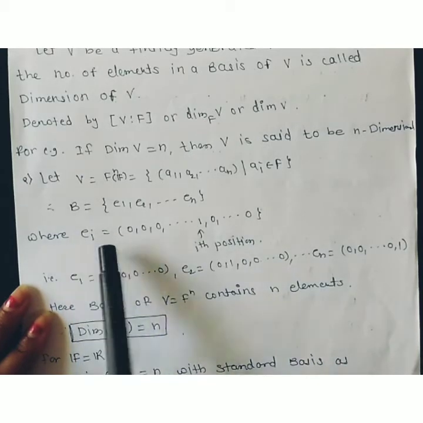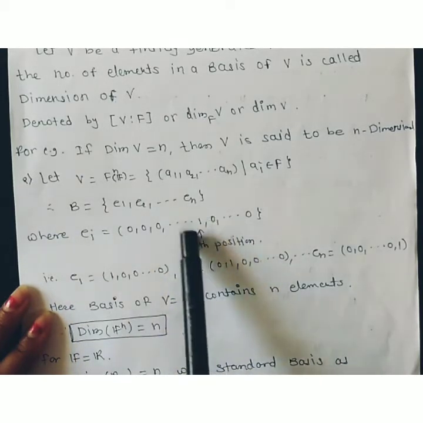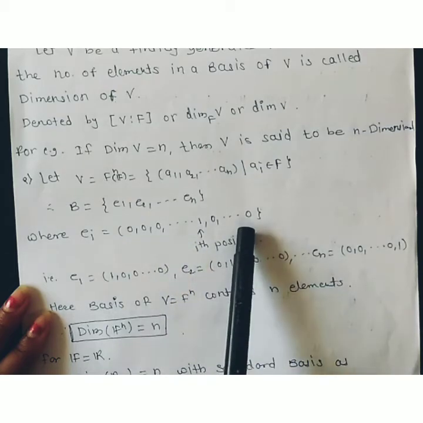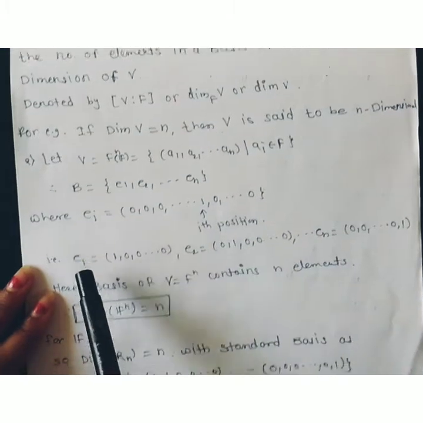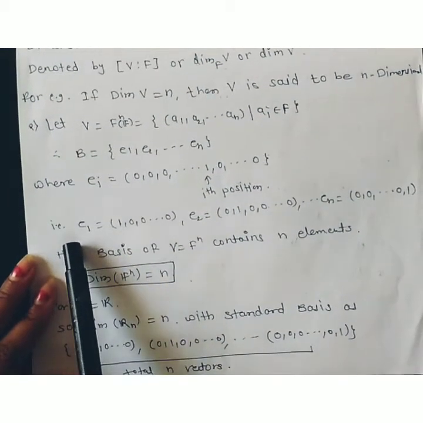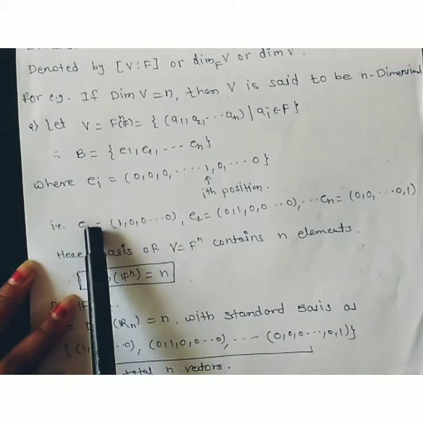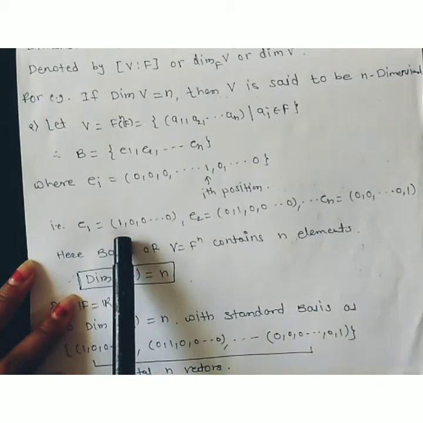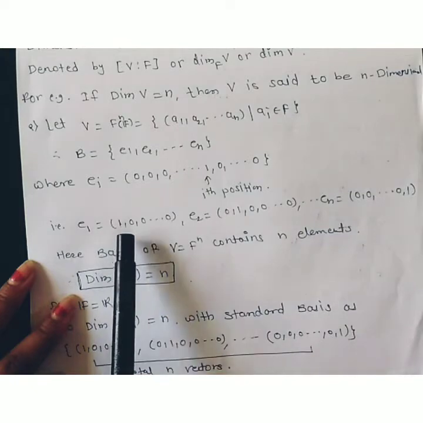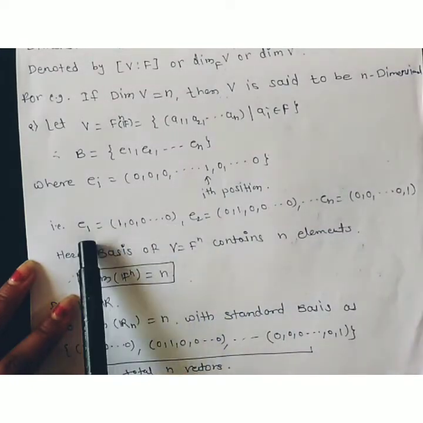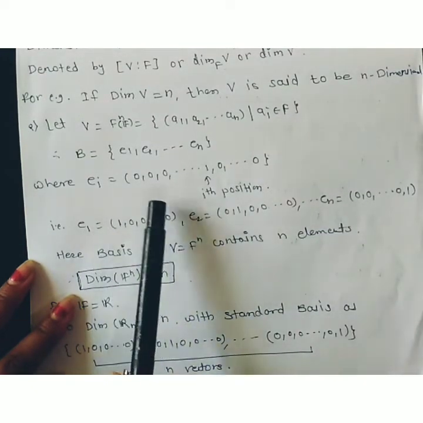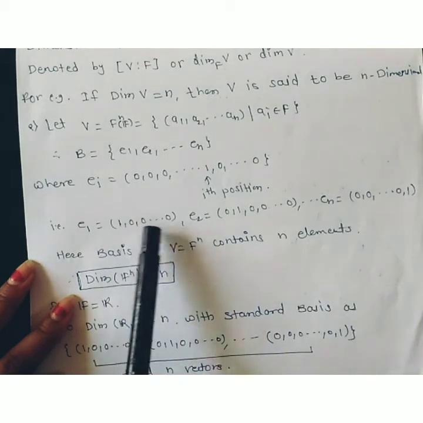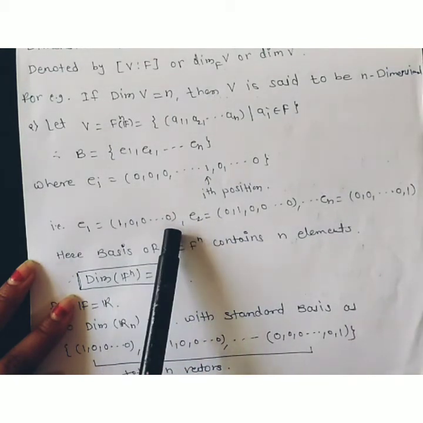So at the ith position consider the element as 1 and the other elements must be 0. Look here, e1: the suffix is 1, therefore at the first position consider 1 and the other elements must be 0. Therefore e1 is the n-tuple (1, 0, 0, 0), consisting of n elements.